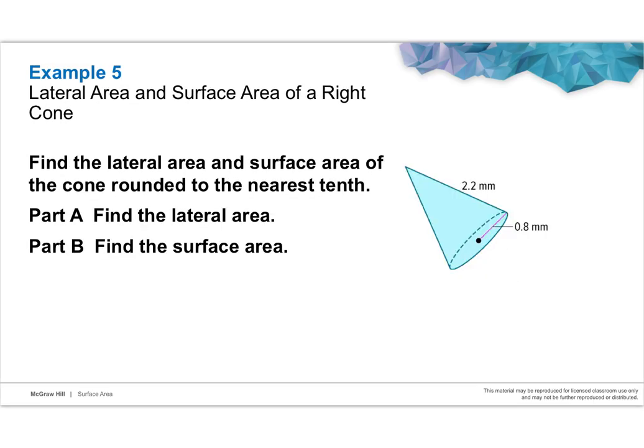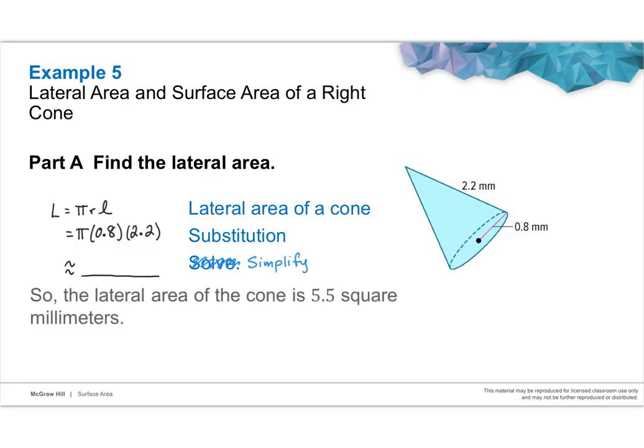So if we skip over to example 5 for an example of a cone surface area, that is on page 658 here. And it says find the lateral area and the surface area of the cone that is shown rounded to the nearest tenth. So to start off, we're going to find the lateral area.